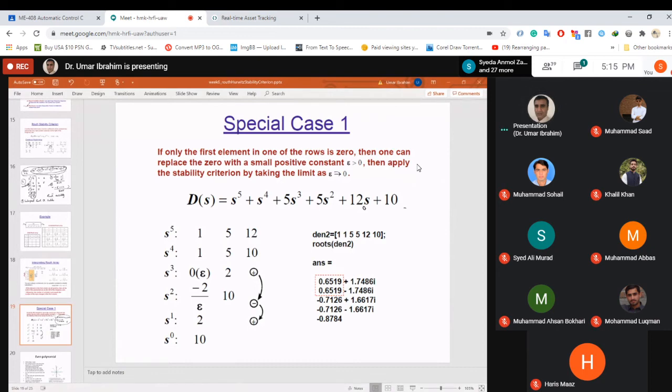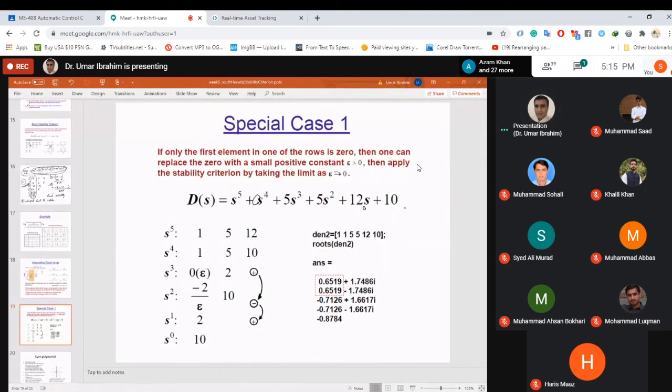Now let's say in this problem, if we try to solve it, we start with s5, s4, s3, s2, s1, and s0, and then we put the odd powers here: 1, 5, 12, and the even powers in the second row: 1, 5, and 10.